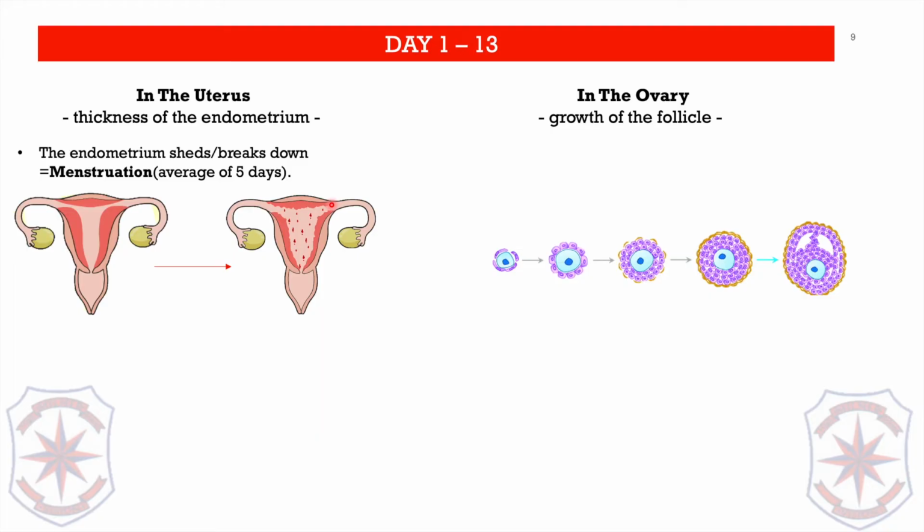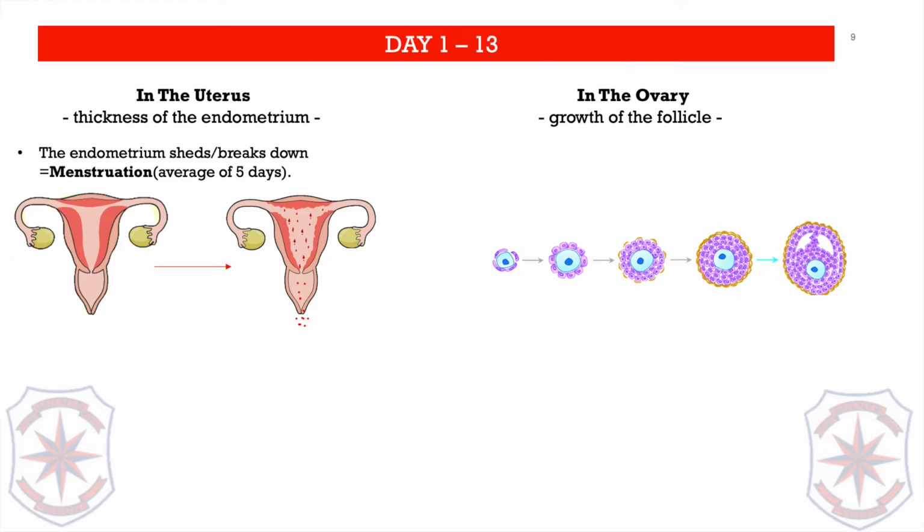Okay? So it's not the same in every woman. The endometrium starts off thick, and then menstruation will occur, where it will break down and blood will come out of the vagina, which we commonly call a menstrual period, or a period.